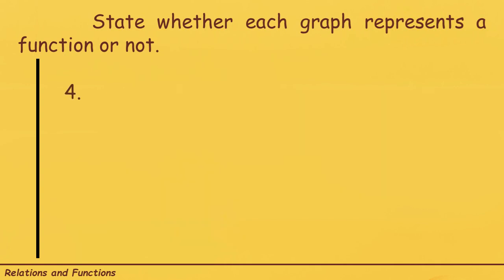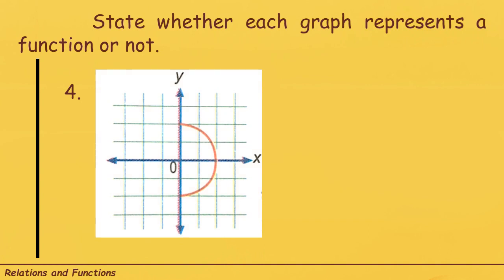Okay, so let us have example number 4. So this is the graph. Okay, so 30 seconds again to find if this graph is a function or not. 30 seconds, go.